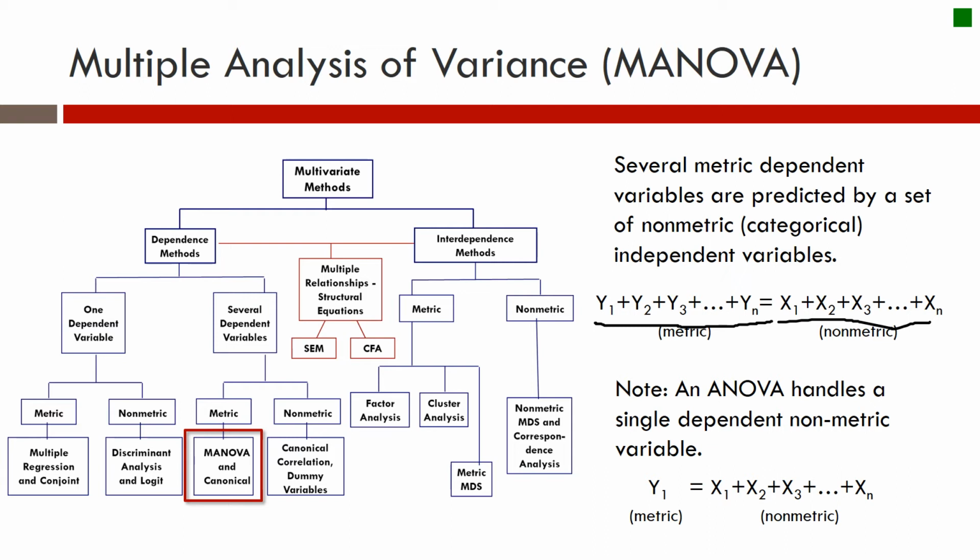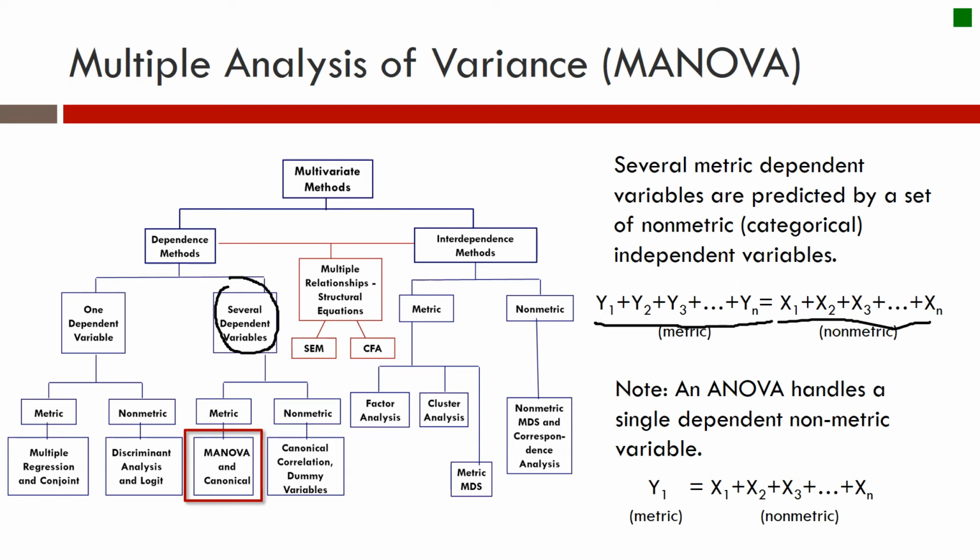ANOVAs are also things that we do. ANOVA is analysis of variance, and it would incorporate non-metric data as well. MANOVAs, though, would require several different dependent variables, and you can see here on this chart, several dependent variables.